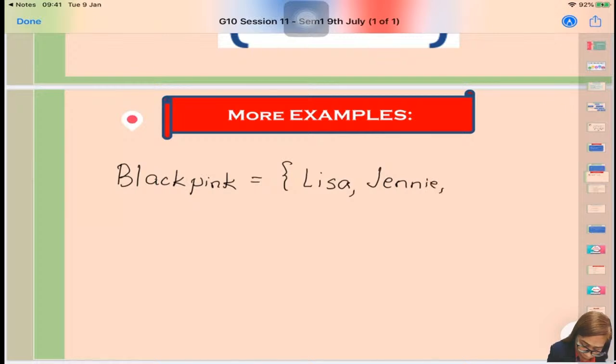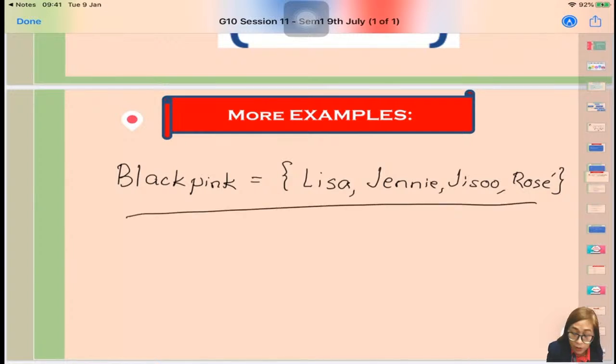Next is Jisoo and Roche. So Blackpink is a set because we know that Lisa, Jenny, Jisoo, and Roche belong to this group. So this is a well-defined collection of the members. So Blackpink is considered a set.